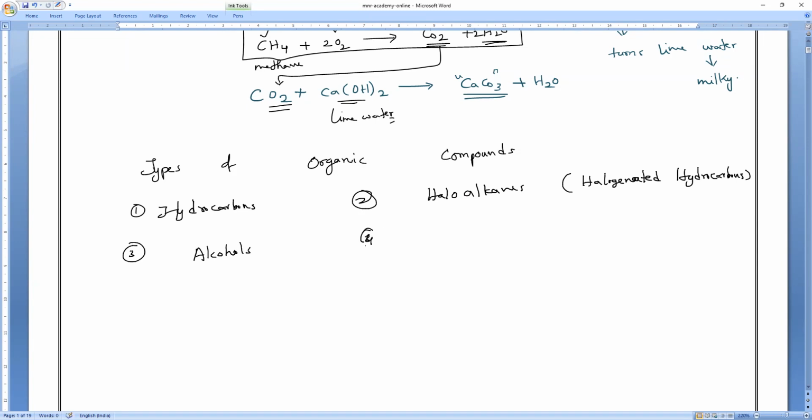We'll discuss that, no worries. Fourth one is aldehydes. Fifth one is ketones. Sixth one is carboxylic acids. We can also call it a carboxylic acid, organic acid.